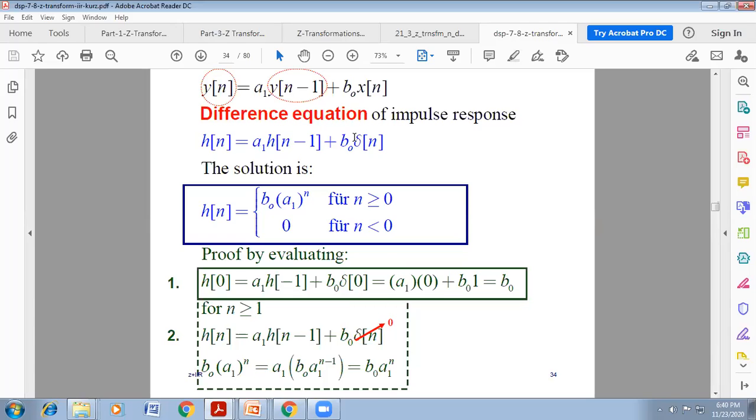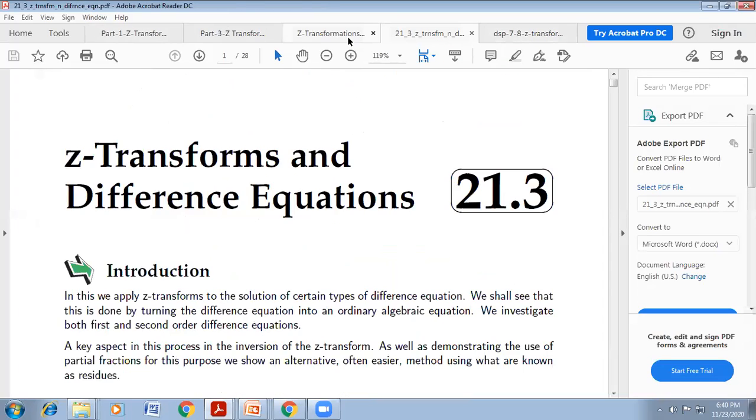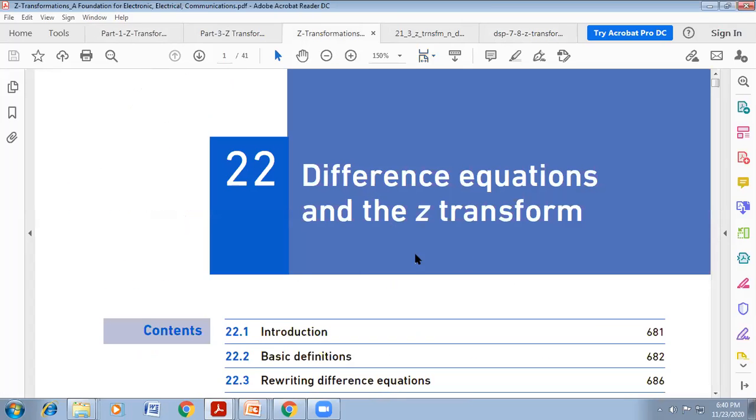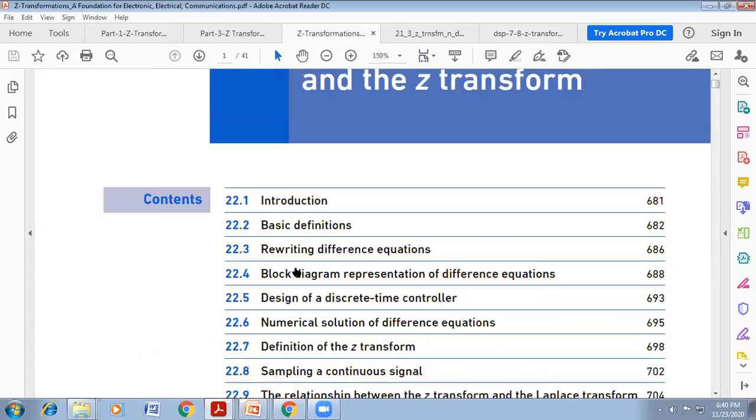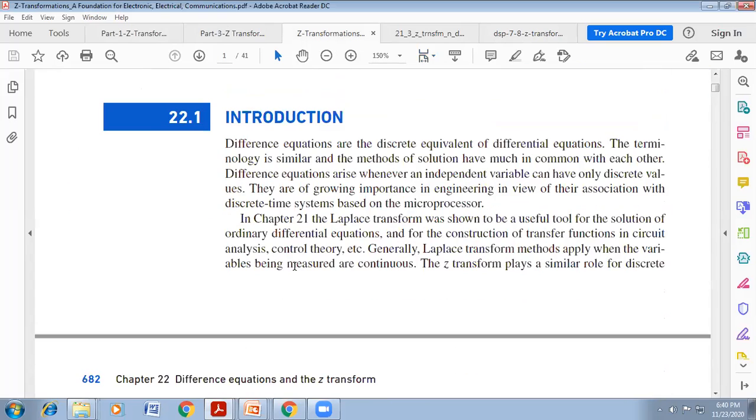Before this we have to define what actually a difference equation is. Now we are going to our previous topic, and this is the difference equation we are talking about. First of all, what is a difference equation? Difference equations are the discrete equivalent of differential equations. Actually, difference equation is used for only discrete values.